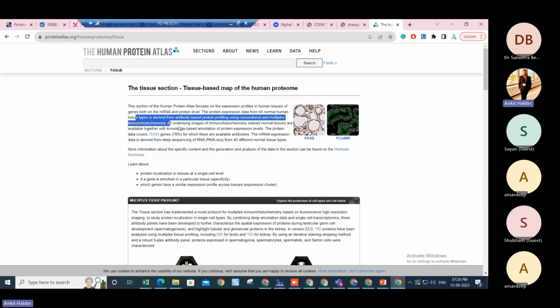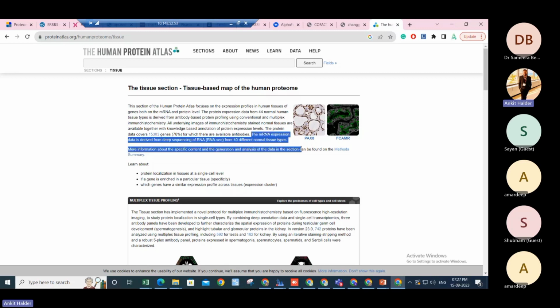For the normal tissues with the knowledge based analysis, the protein data covers 15,303 genes, for which antibodies are available, and the mRNA expression is from deep sequencing of RNA-seq from 40 different normal tissue types.